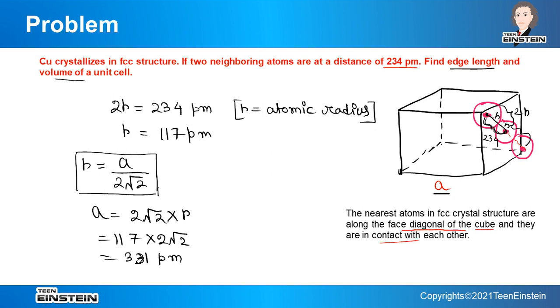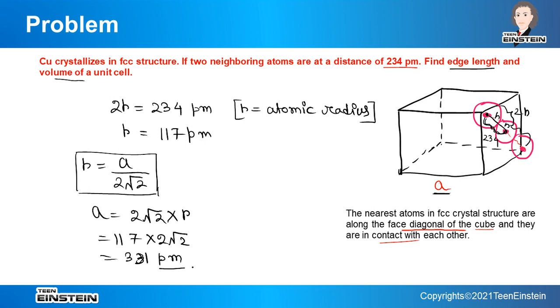So you can keep it in picometer directly. But if units are mentioned in the options, or even if there is no option and it is simply written to find the edge length in meter or centimeter, then accordingly you have to convert it.